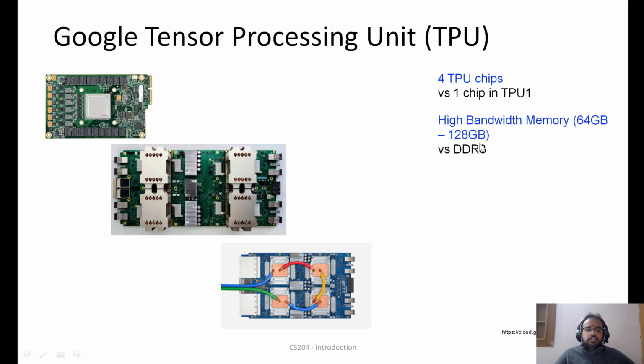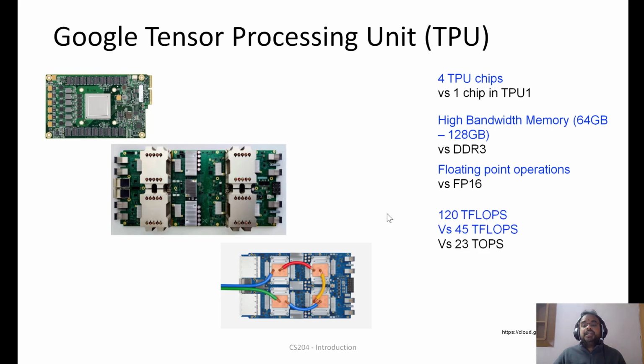And if you look at the memory each of them is carrying, TPU 1 was primarily based on a slower version of memory which is DDR3, but TPU 2 and TPU 3 versions are having high bandwidth memory. TPU 2 has 64 GB of it, and TPU 3 has 128 GB of it. Each of them can handle not only integer operations but also floating point operations.